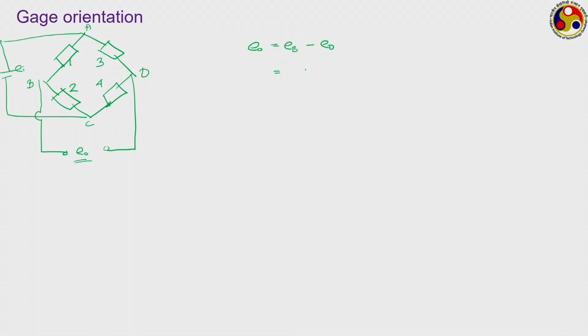Now, how much is your EB? We can make use of the current that is flowing through this circuit, and from there we can say that EB should be equal to EI into R2 divided by R1 plus R2, the resistance of that particular side, and ED should be equal to EI into R4 divided by R3 plus R4.